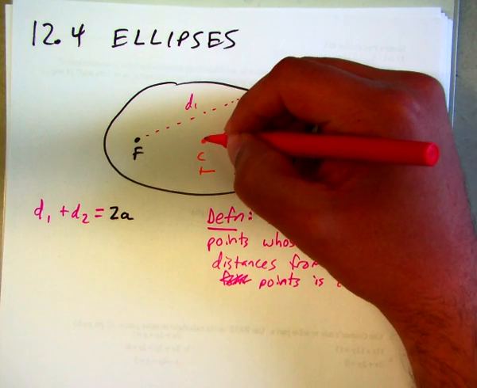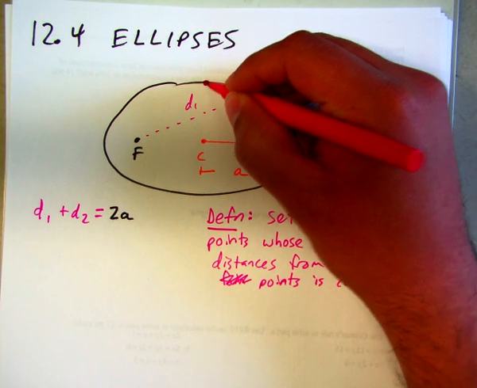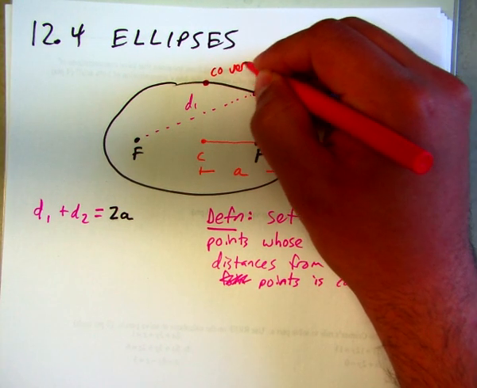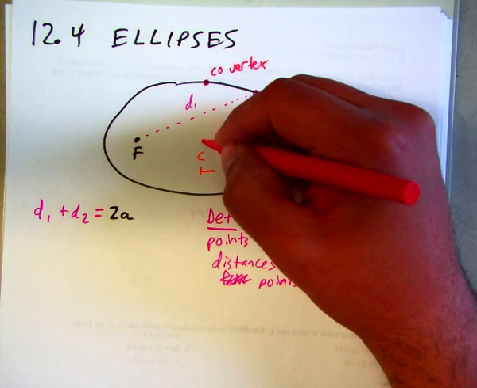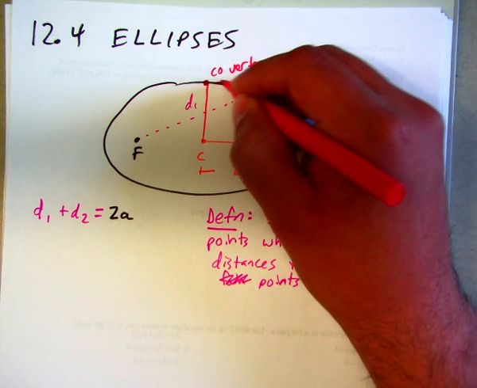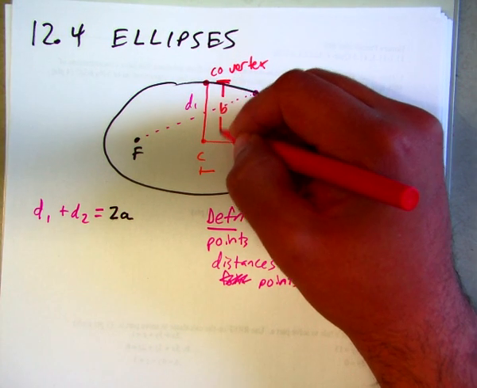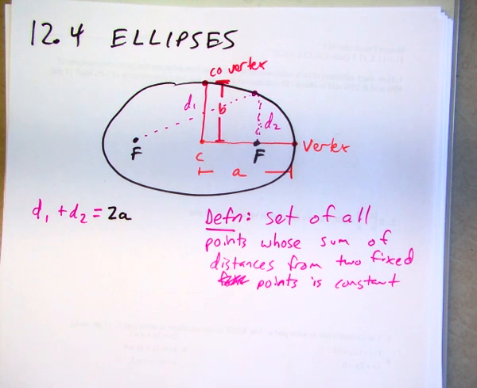From center to, we call this a covertex, that's b. Well, the vertex is always the one further away, and covertex is the one shorter away.